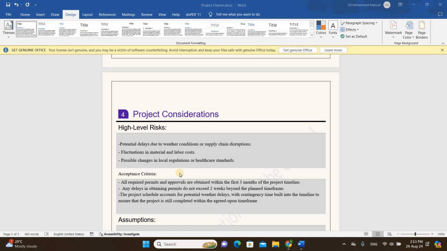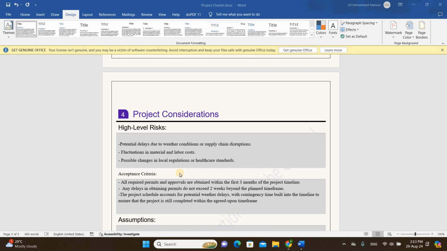Like we have planned for 1 month for any work, but during the process of obtaining it, it gets delayed. So the delay should not be more than 2 weeks. If you have planned for 30 days, then it should be completed in 45 days. That will be acceptable in the range of 45 days.